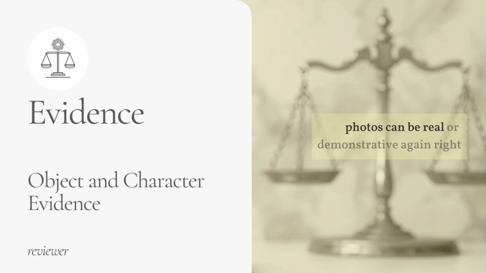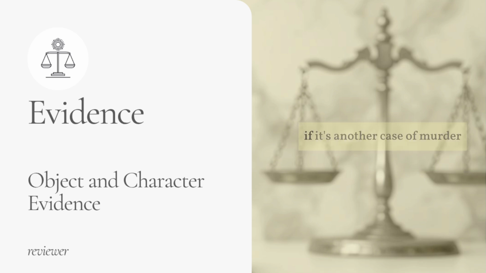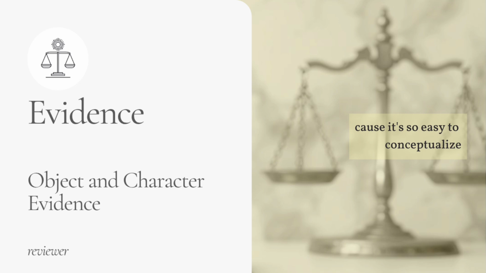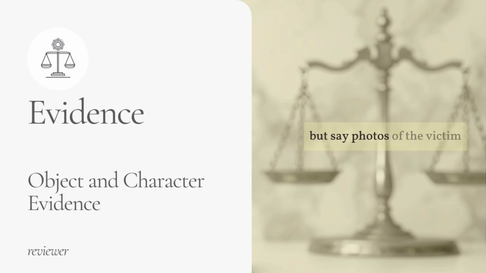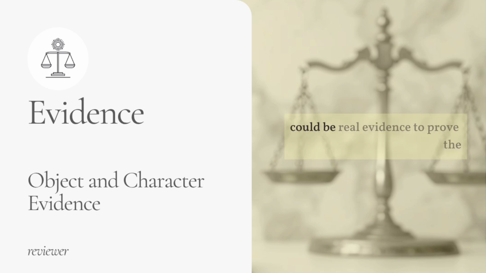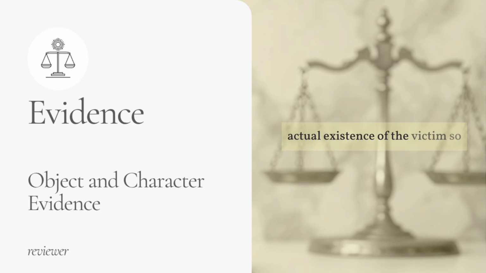Photos can be real or demonstrative, again, right? So, if it's another case of murder, because we always go to murder because it's so easy to conceptualize. So if it's a case of murder, it could be real evidence, obviously the weapon or something, but say photos of the victim could be real evidence to prove the actual existence of the victim.